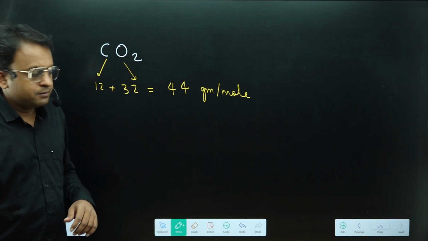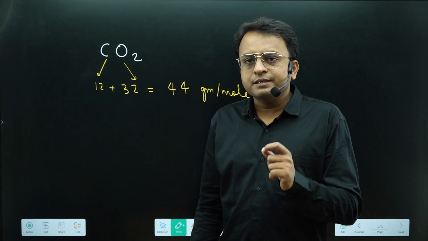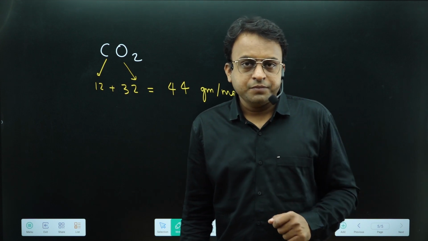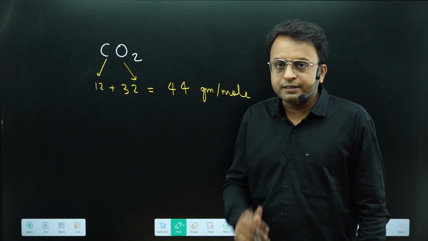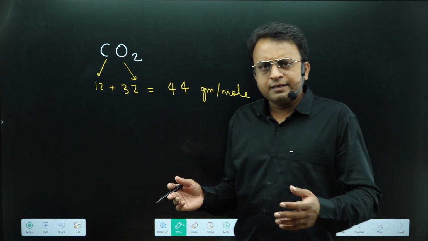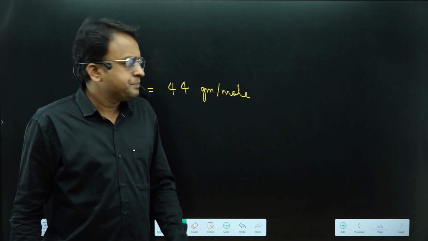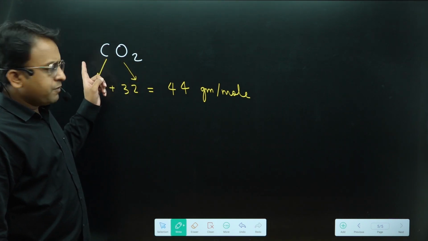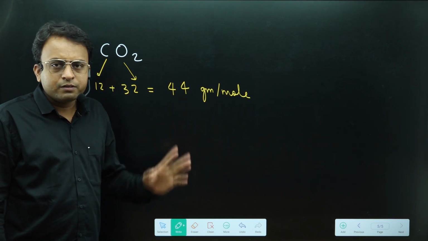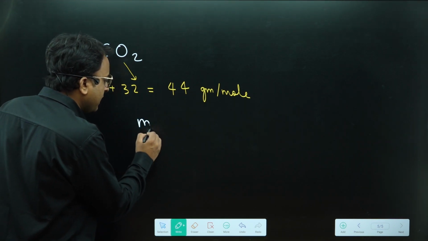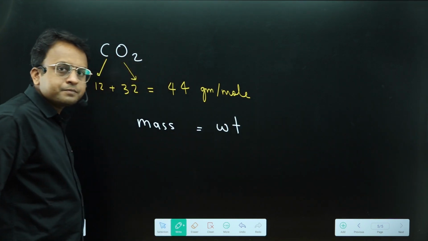Now understand mole again. If the weight of any substance is given, we can find moles. And if we can find moles, we can also find their particles, whether it is atom, molecule, ion, or electron. So for CO2, the mass is 44 gram per mole. What is the unit of mass or weight in chemistry?